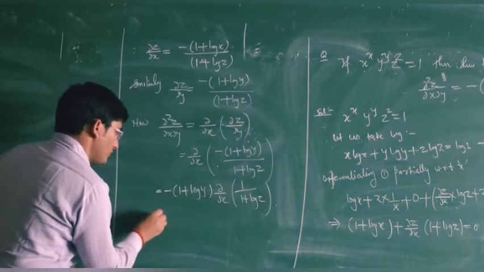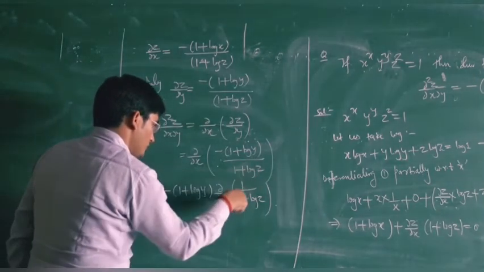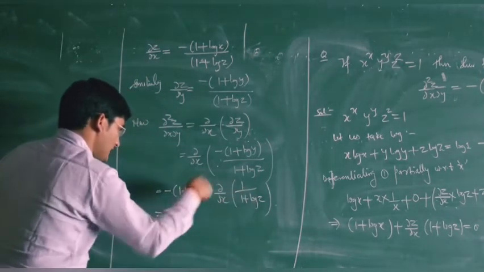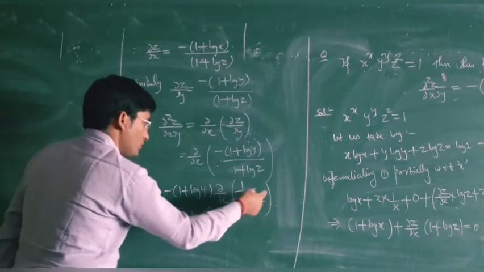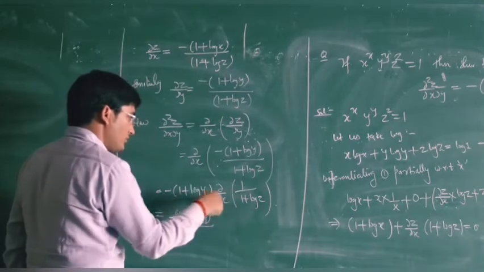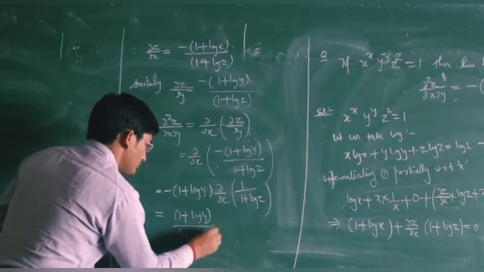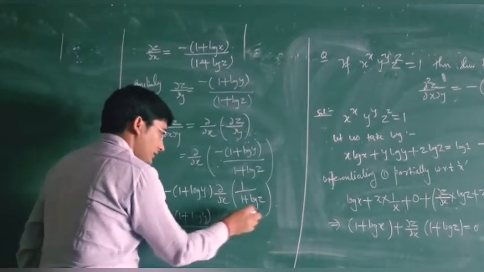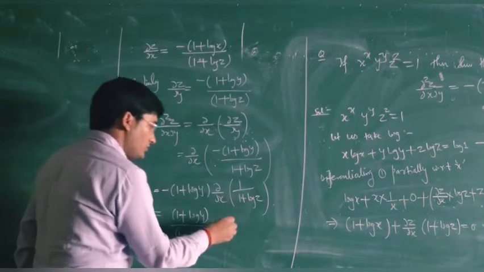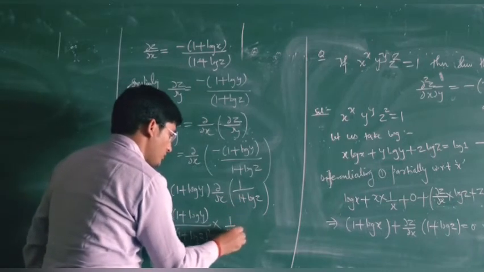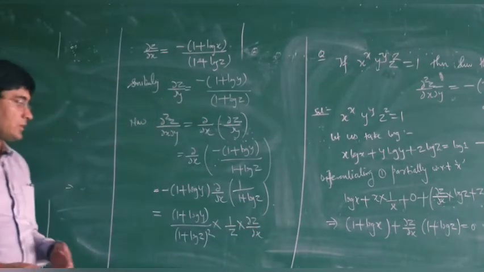Now the differentiation of 1 upon 1 plus log z will be minus, so this minus will be plus, this will be your power minus 1, and then its differentiation will be minus 1 into power 2. So we have 1 plus log z whole square, and then the differentiation of this bracket will be, now the differentiation of 1 is 0, and the differentiation of log z will be 1 by z into del z upon del x.